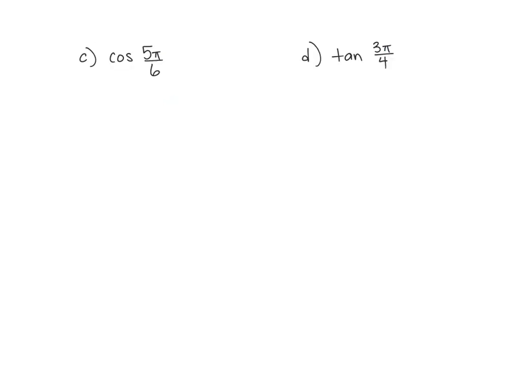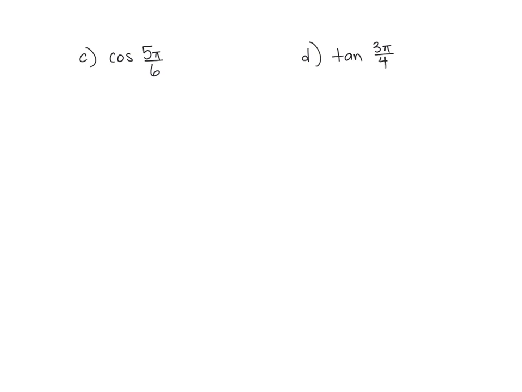So I want you to take a moment and see if you can come up with your triangle and your axes. So draw your set of axes, rotate your terminal arm, reminding yourself that we always start at that initial arm, which is on our positive x-axis. Rotate your terminal arm, and in this case we have a positive 5 pi by 6 angle and a positive 3 pi by 4 angle.